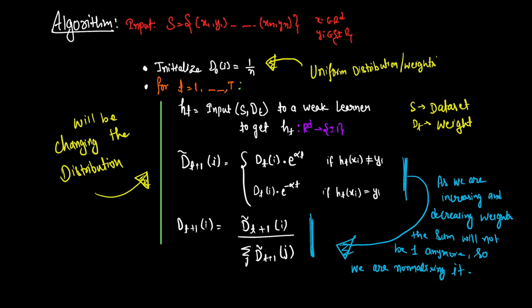So it takes the data set and the distribution to give us an h_t.